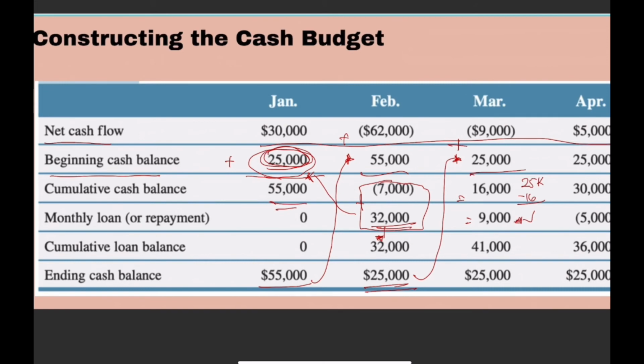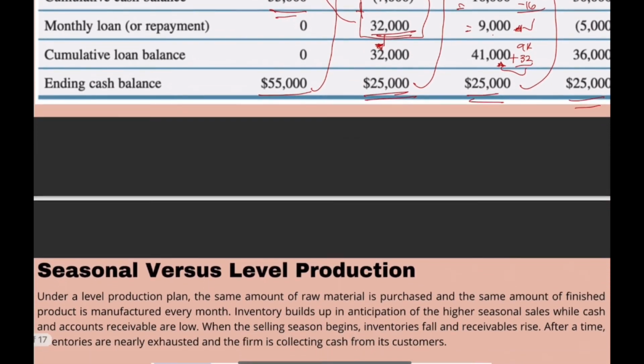That's 32 plus 9,000, that's 41,000. And our ending cash balance again is 25,000. So meaning our ending cash balance must be 25,000 or more. So example, for the beginning of the month we have 55,000, but for the succeeding months our cash balance must not go lower than 25,000.